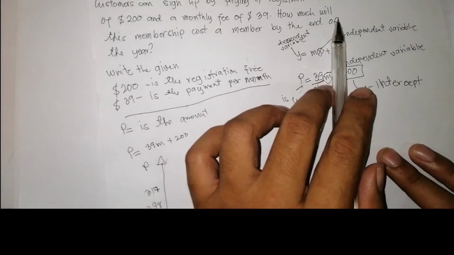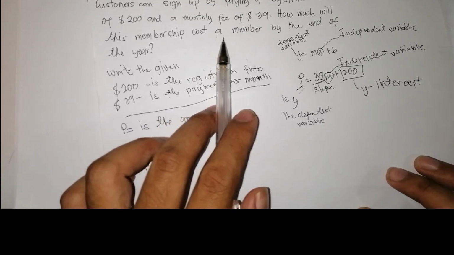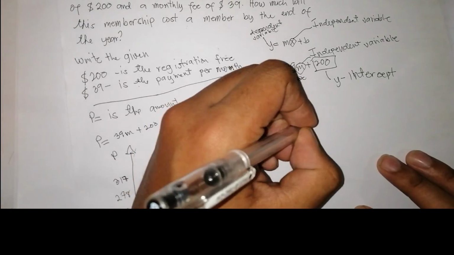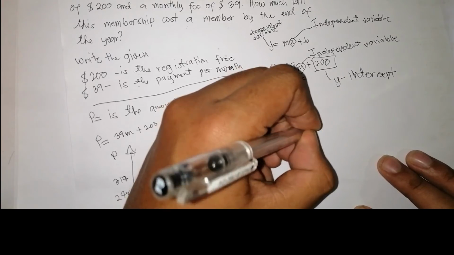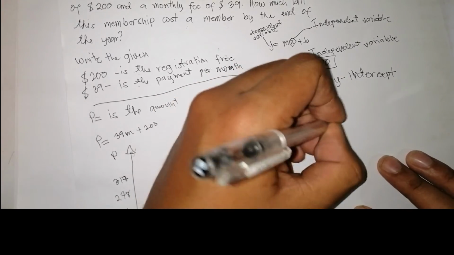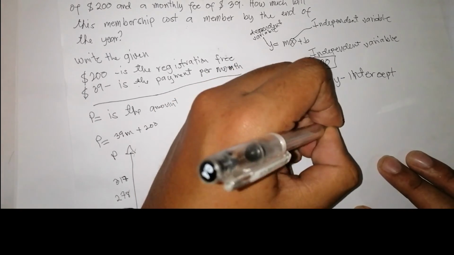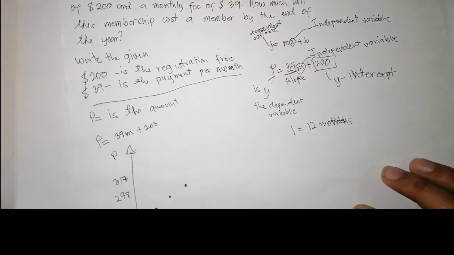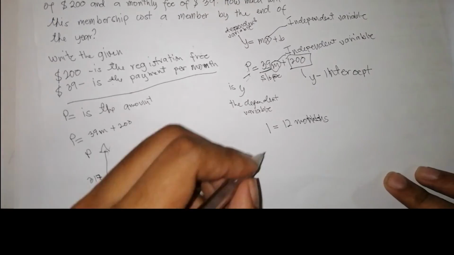But going back to the question: how much will the membership cost a member by the end of the year? So 1 year equals 12 months.